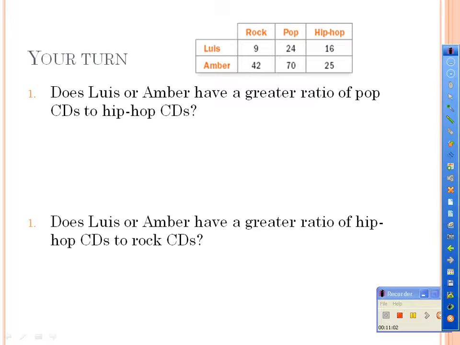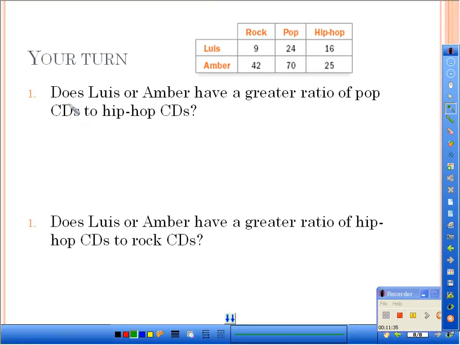Okay, does Luis or Amber have a greater ratio of pop CDs to hip hop CDs is the first question. You would need to compare Amber's to Luis. And again, we're comparing pop to hip hop. So first let's start with Amber. Amber's pop CDs is 70 and her hip hop is 25. This can be converted to 2.8 as a decimal.